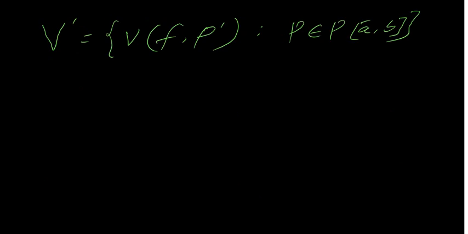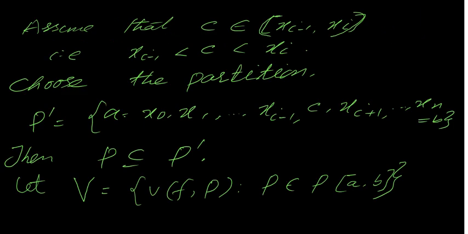These variations also lie in this class, because it is the collection of all variations with respect to any partition, as P dash is also a partition of AB. So this is a bigger class in general.